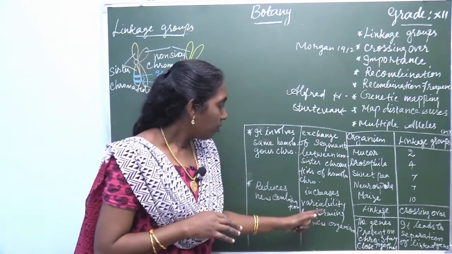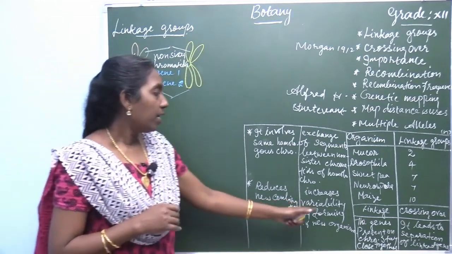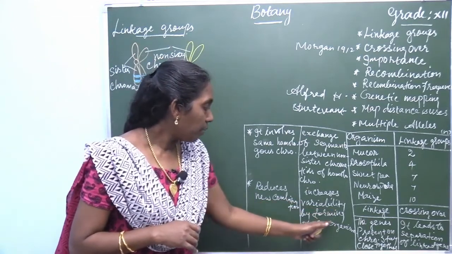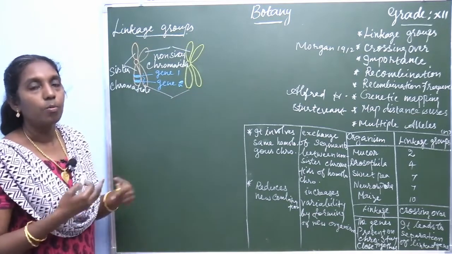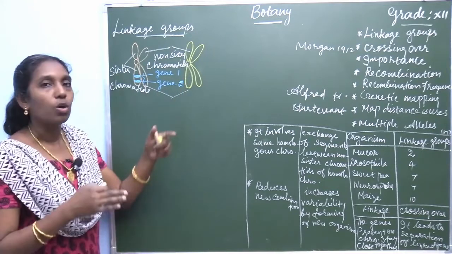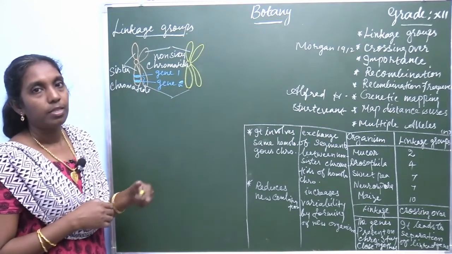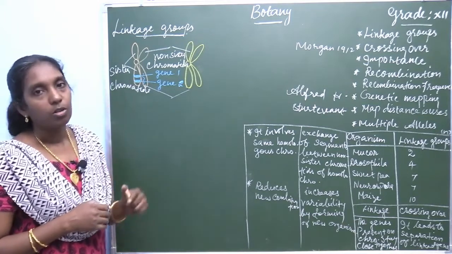But in crossing over, it increases new combinations and variability by forming new organisms. So many variations take place because the non-sister chromatids exchange their segments. That's the difference between linkage and crossing over.